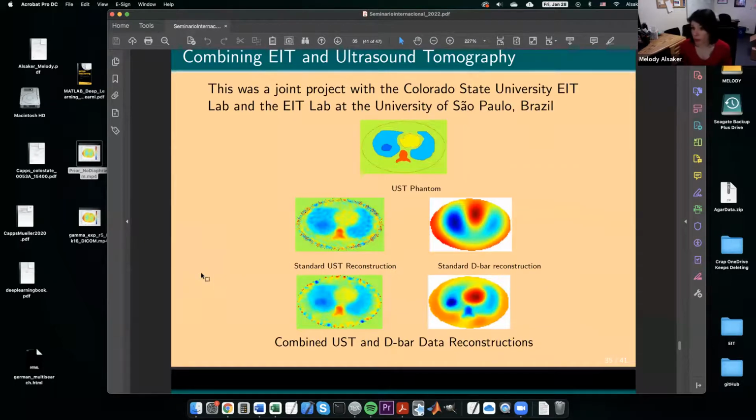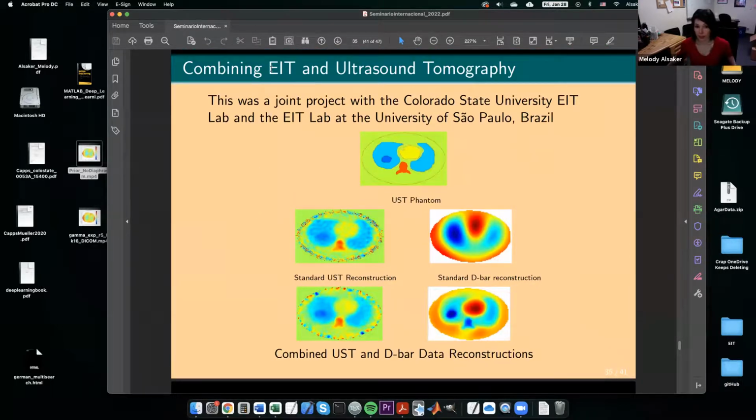Here's another project I've worked on recently. This was a joint project with the Colorado State University EIT lab and the EIT lab at the University of Sao Paulo in Brazil. We combined EIT data with ultrasound tomography data, and these are just numerical simulations right now. But here is an example of an ultrasound phantom, a numerical phantom. Here is the standard ultrasound reconstruction, and the standard dbar reconstruction.